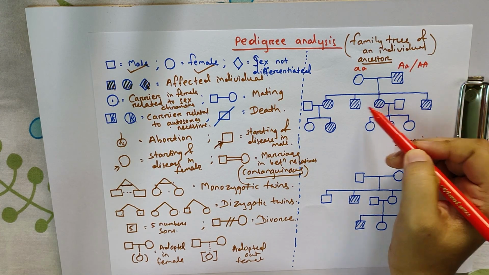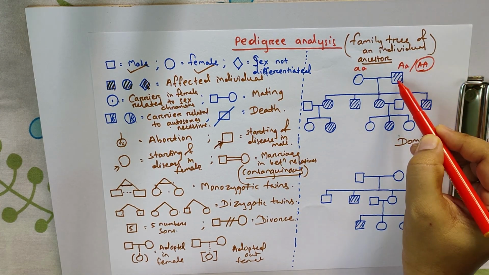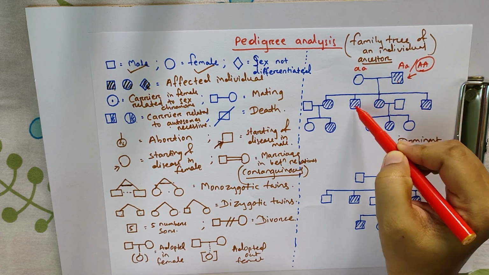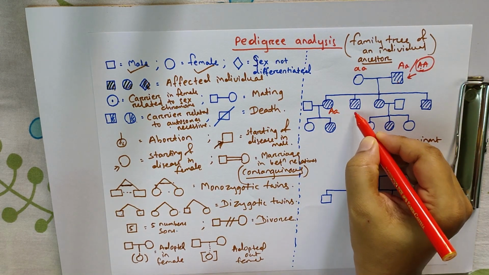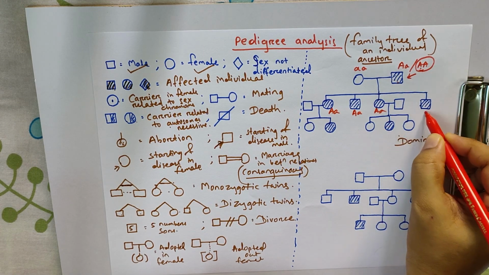As all the offspring are affected, this one is AA, and after the cross this is Aa, this is Aa.